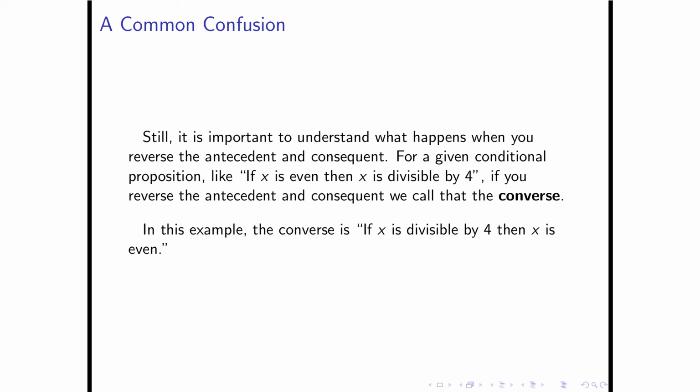So if you take, for example, the proposition, if x is even, then x is divisible by 4, it's a false proposition, but if you form the reverse, right, you flip it around, if x is divisible by 4, then x is even, that's a true proposition. Well, that is called the converse of the original conditional, right? So the converse is the conditional that you get when you swap things around.